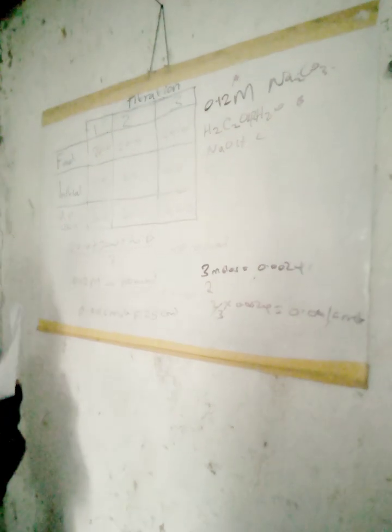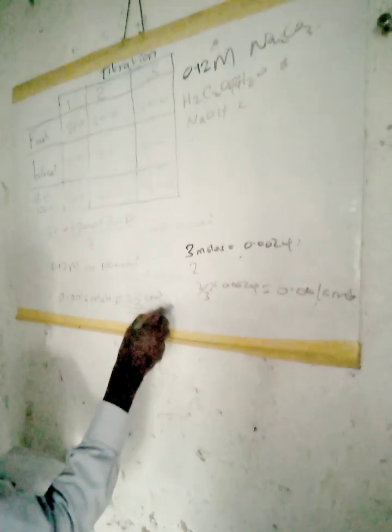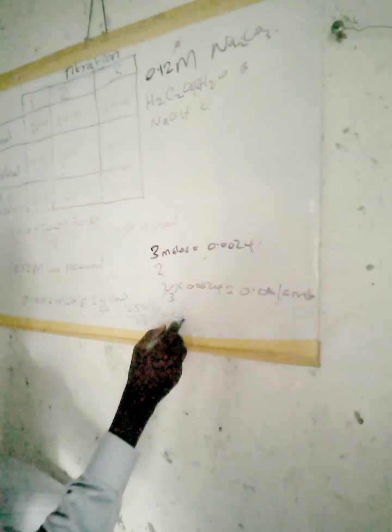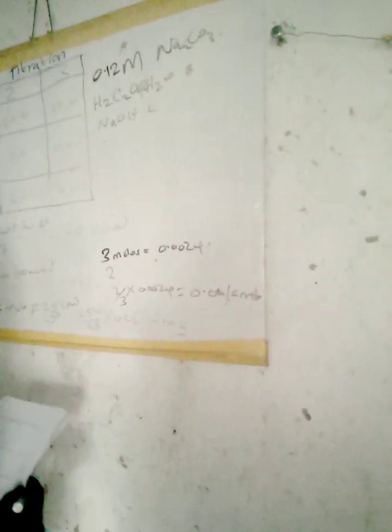But you have been asked to calculate the number of moles in 250 centimeter cubed. This one is in 25 centimeter cubed because of the solution that you sucked by using the pipette. So what about 250? You take 250 divided by 25, then multiply by 0.0016 moles.